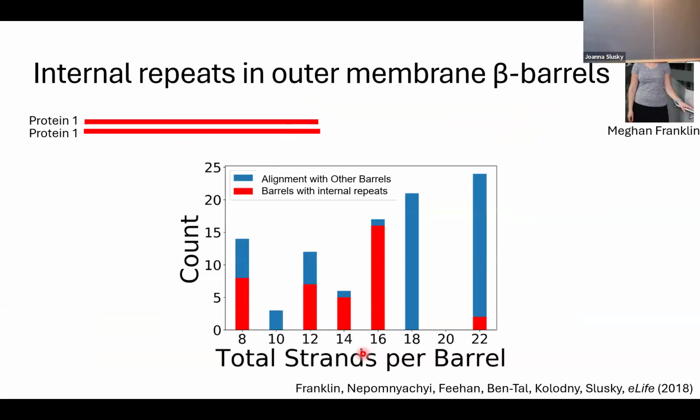We can see it all over these structurally characterized beta barrels. I'm organizing them now by strand number. You get even numbers of strands, 8, 10, 12, 14, etc., along the x-axis. Some of them don't have it, those in blue, but many of them, in red, do. So we say, okay, there are internal repeats. That means we do have this duplication process occurring.